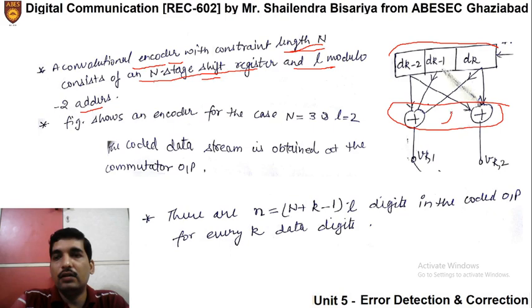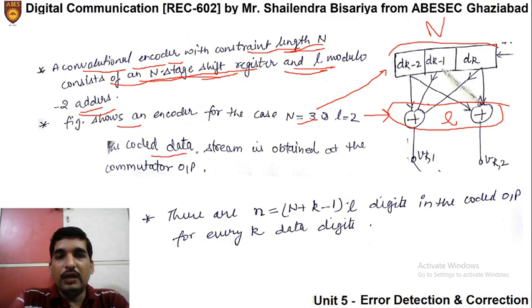This is L and this is n. So repeating again, a convolutional encoder with constraint length n consists of an n-stage shift register and L modulo 2 adders. Okay, the figure shows an encoder for the case n equal to 3 and L equal to 2. The coded data stream is obtained at the commutator output here.